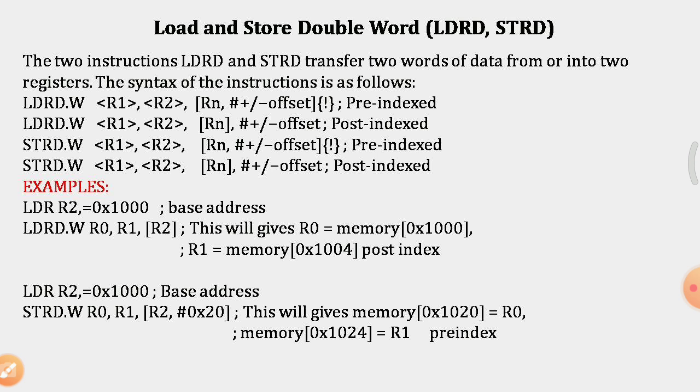In that address the value of R0 is going to be stored, and for the value of R1 to be stored into memory, again it has to be added, plus 4 bytes, 1024. So in that address the value of R1 is going to be stored.